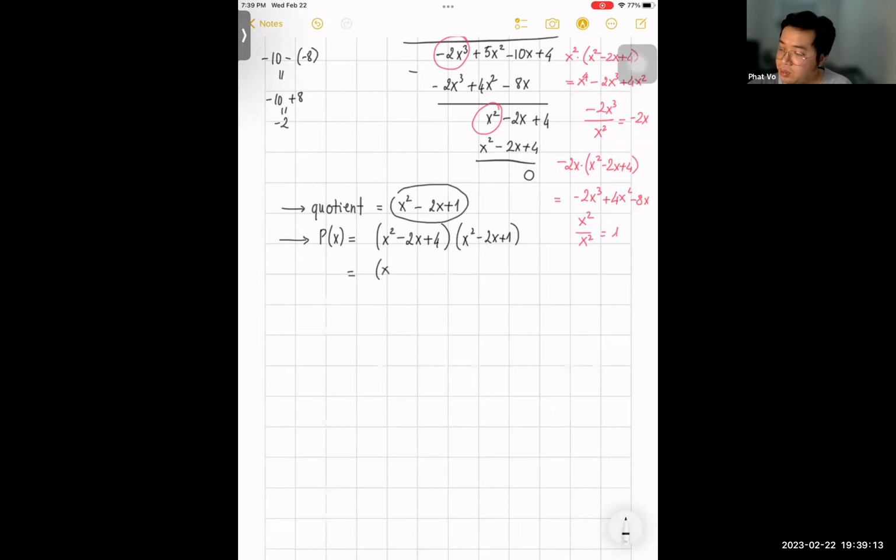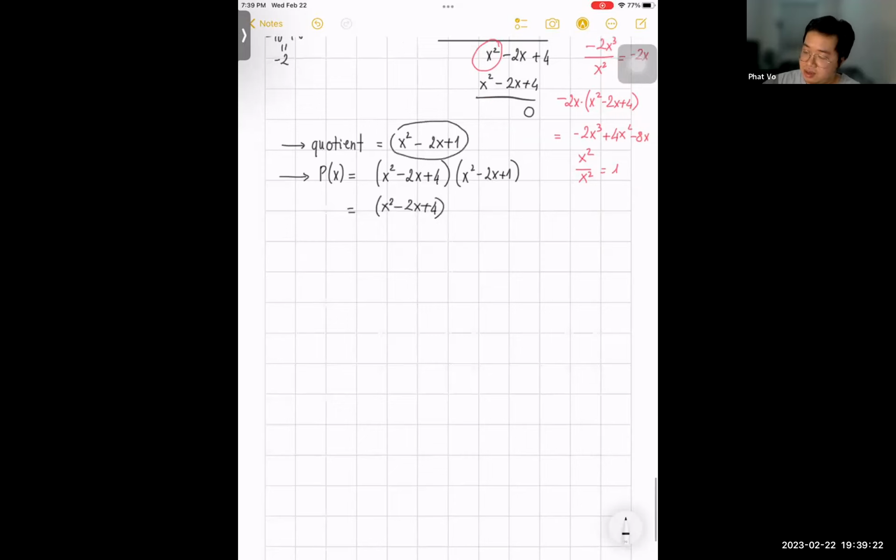So we can do this, right? The first one, we cannot do anything, but the second one, we can factorize: x minus 1 times x minus 1. So it becomes (x minus 1)^2.